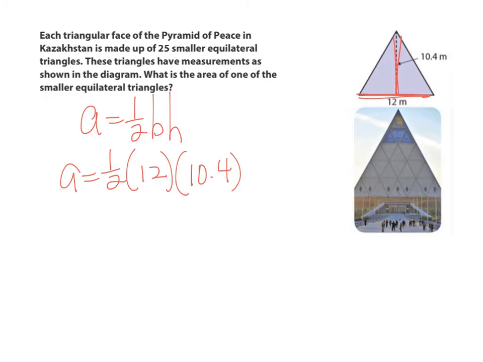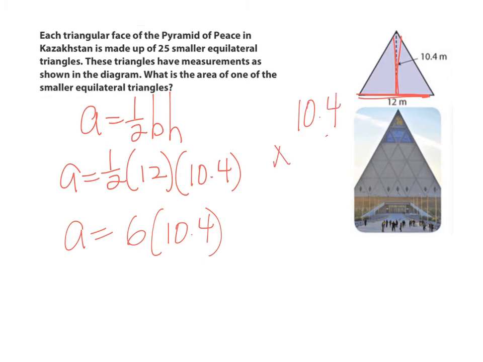Once again, multiplication is commutative, so I don't have to multiply these in any particular order because I'm multiplying all 3. I can multiply 1/2 times 12, or I can multiply 1/2 times 10.4. I'd rather stick with the 12 though, so half of 12 is 6 times 10.4.